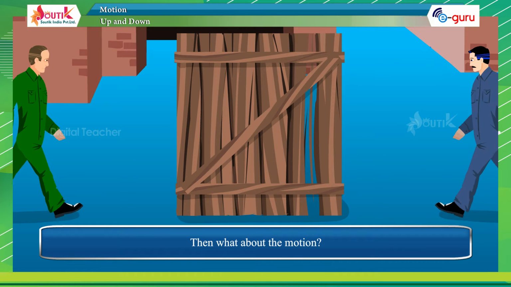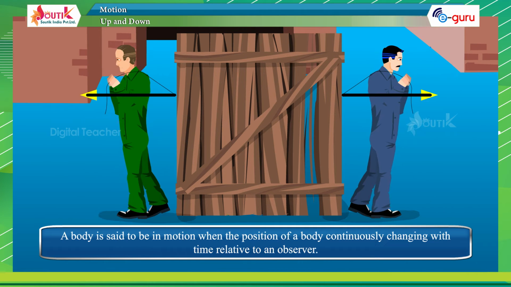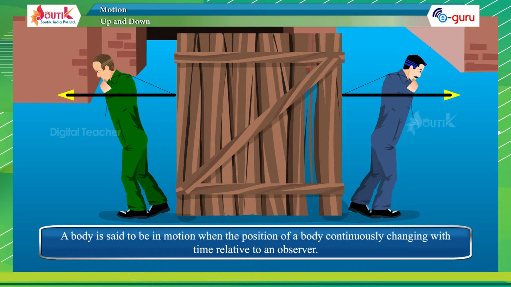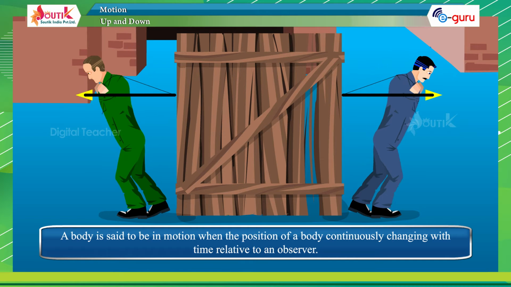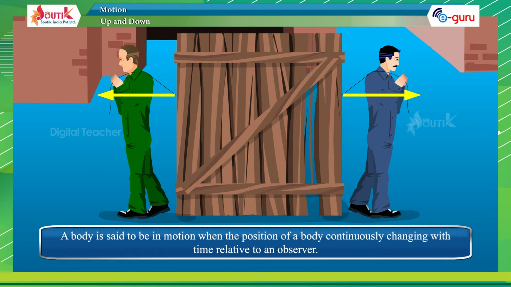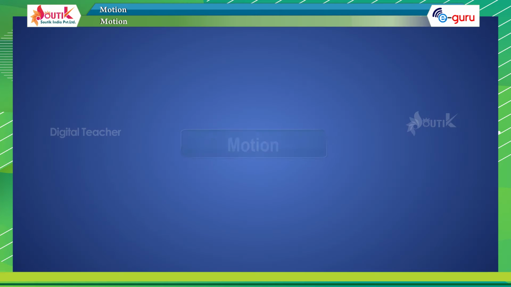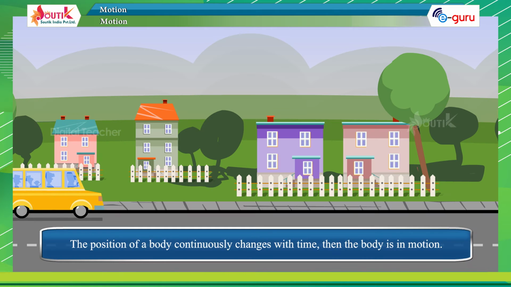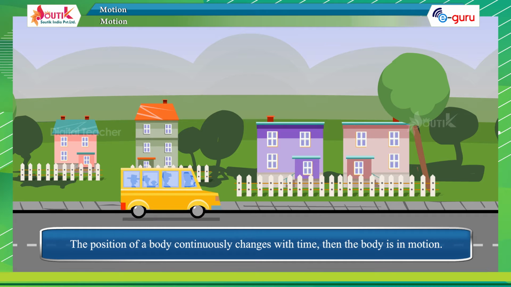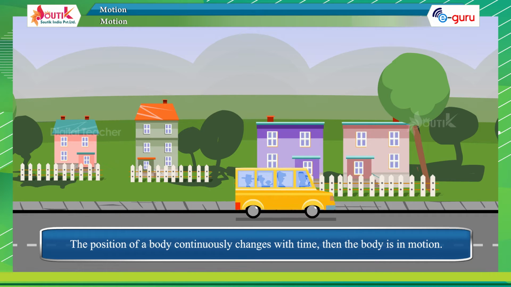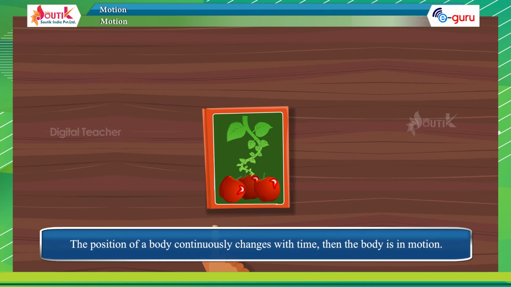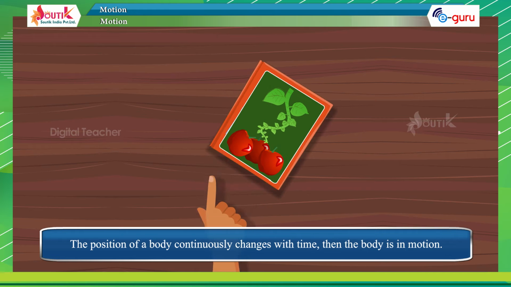Then what about motion? A body is said to be in motion when the position of the body continuously changes with time, relative to an observer. Motion: the position of a body continuously changes with time, then the body is in motion.